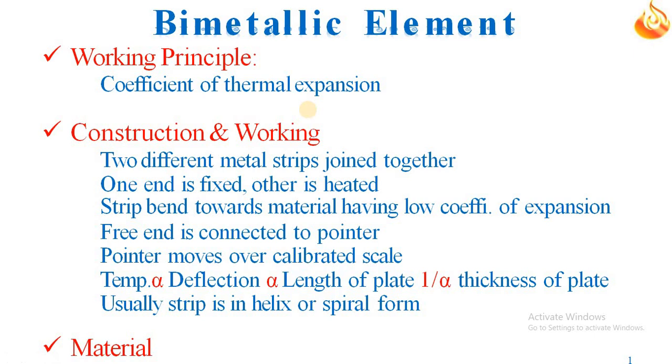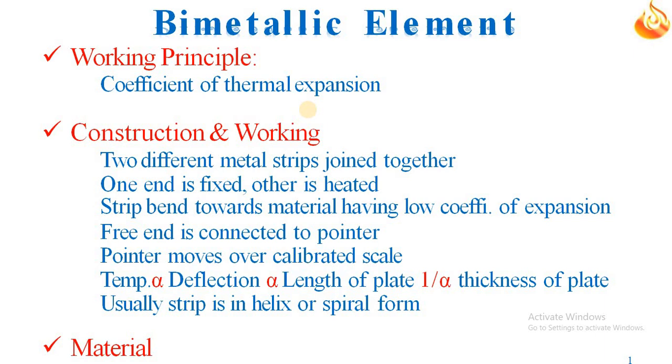Whenever we heat any element, due to the addition of heat to that object, we can observe a little change in its size. That is, with the addition of heat to any object, there will be a slight increase in the dimensions of that object.